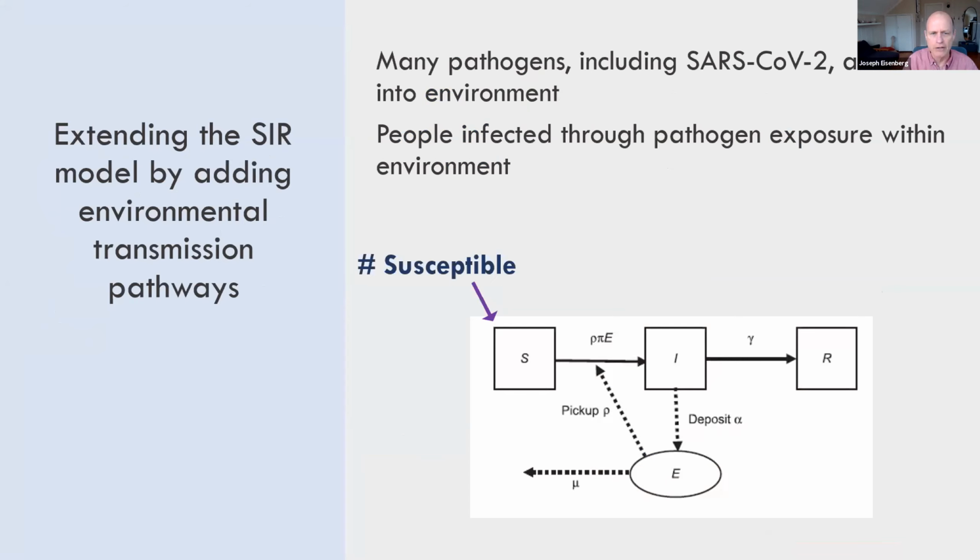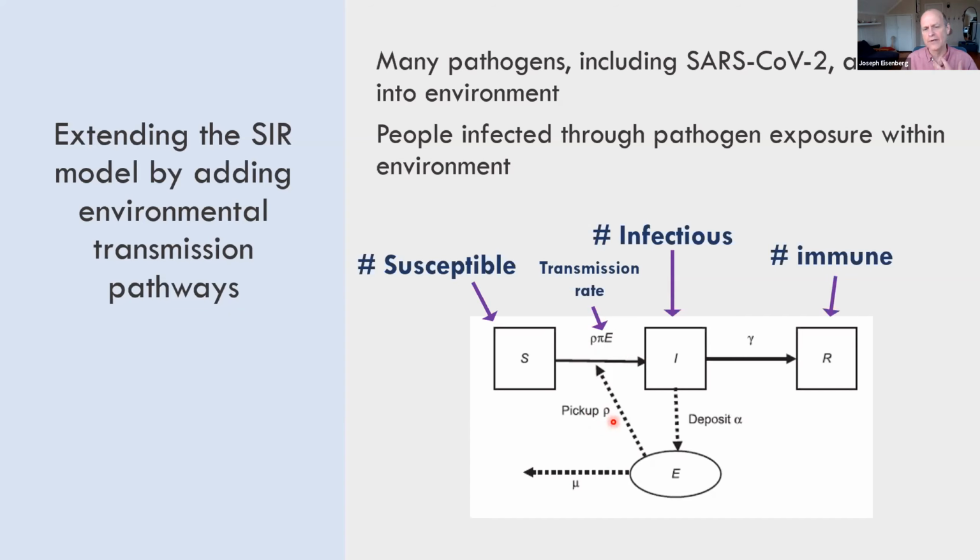So in this model, we've got the standard number of susceptible, number of infectious, and number of immune that are part of the model, and we're keeping track of those individuals. And we've got this transmission rate. In this case, the transmission rate is actually proportional to the pickup rate. That could be how much we inhale of a pathogen, which has to do with how much pathogen there is in the air, and also just our inhalation rate.